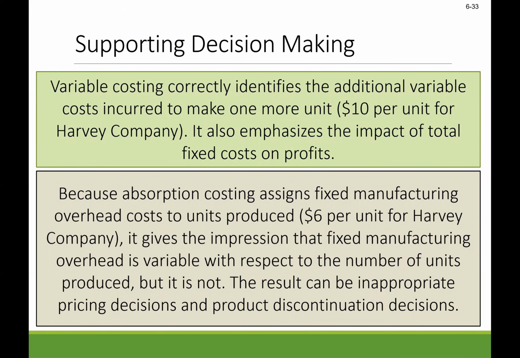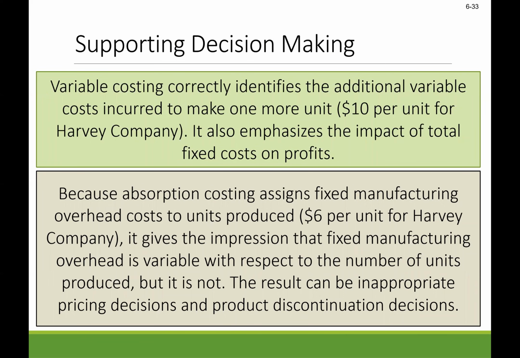Variable costing correctly identifies the additional variable cost that is incurred to make one more unit. It emphasizes the impact of total fixed cost on profits.